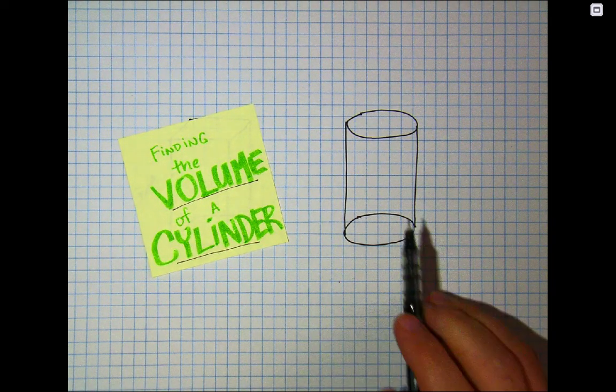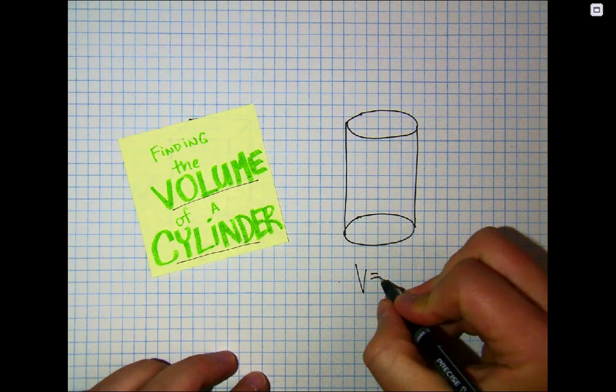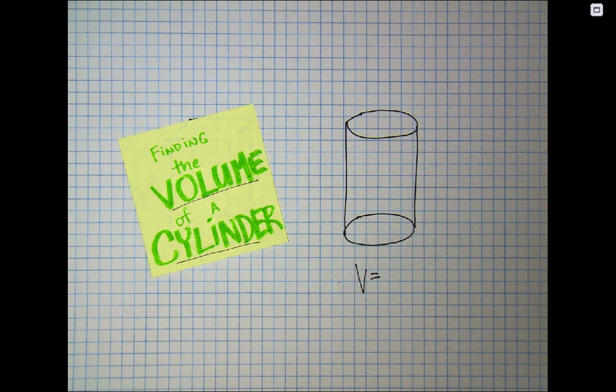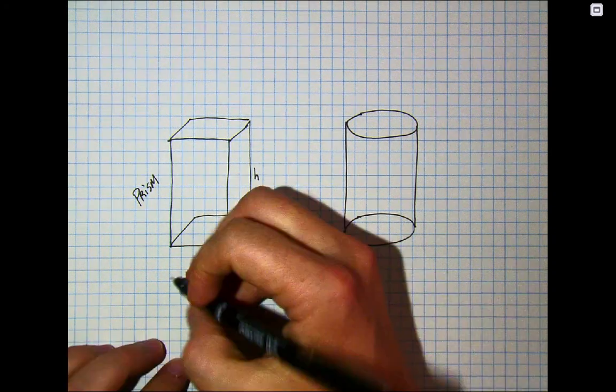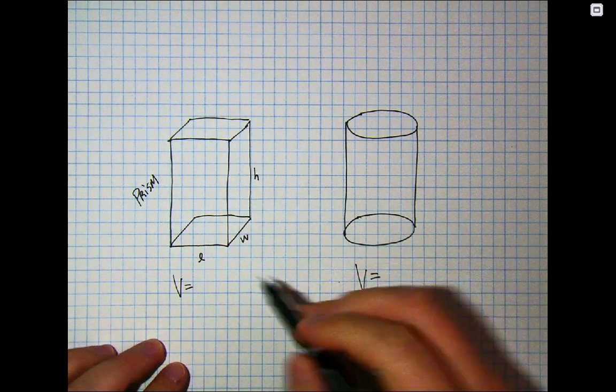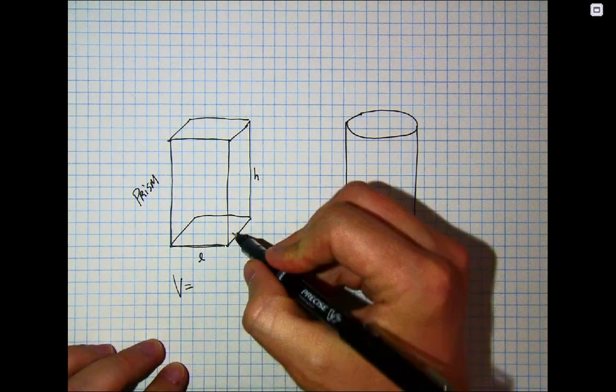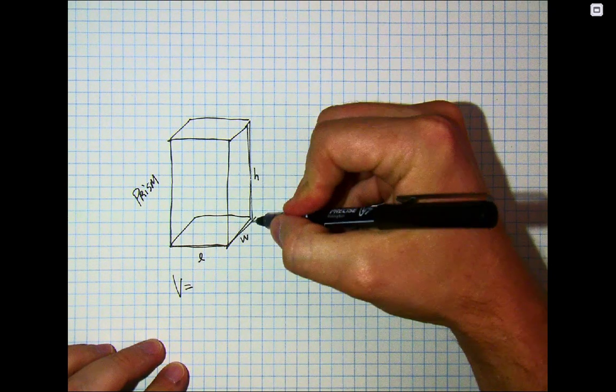Before we talk about how to find the volume of a cylinder, I want to review how you find the volume of a prism. The volume of a prism is calculated by doing the length times the width times the height.